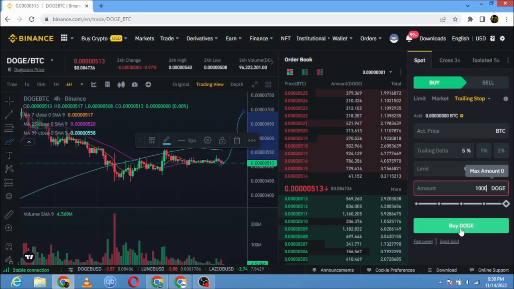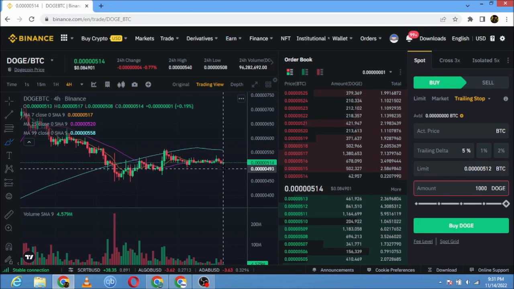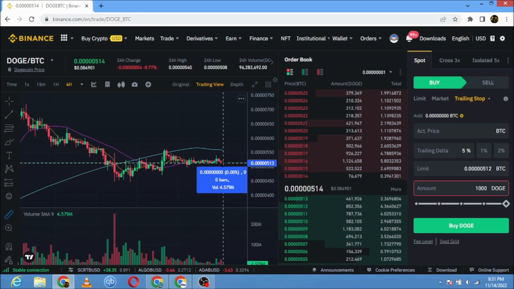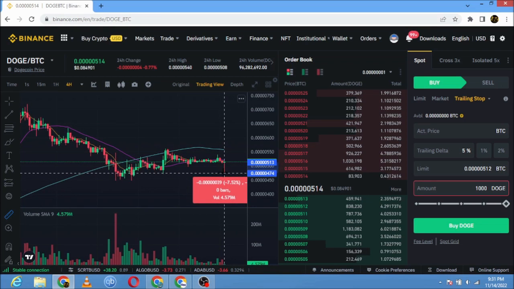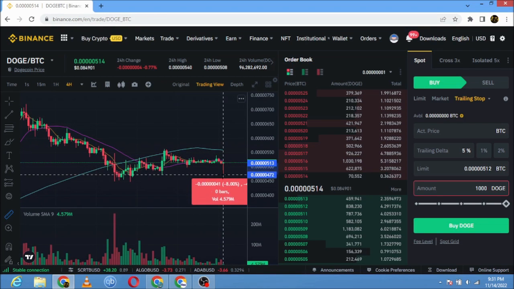So once you press here, your entering price is 512, right? Now it will always trail your market by 5%. Now when the market goes like this, the trailing loss will measure from here up to maybe around here. This is 5%. Now it will measure that this 486, it will sell itself. That is the trailing loss.